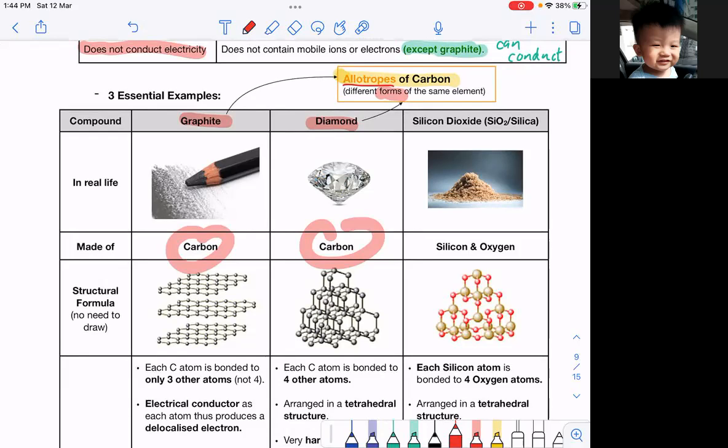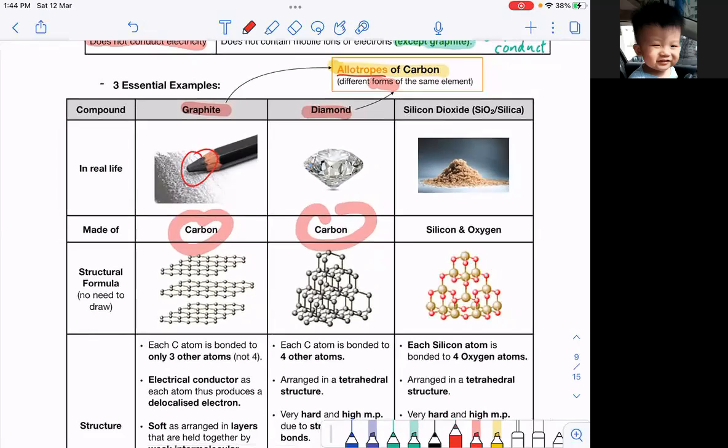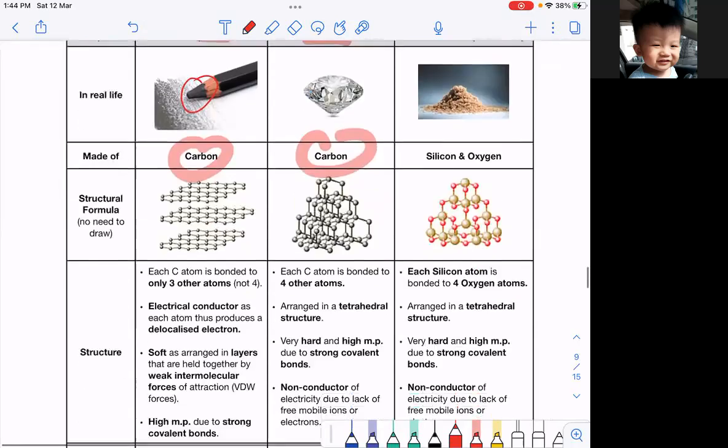This is not even 1 cent, right? For the same amount of carbon, you take charcoal, you barbecue that charcoal, that one is also carbon. But you cannot use it to propose to your wife, right? So that's the joke. My teacher always said, if your wife wants diamond, you can give her a pencil. Okay, so graphite is inside your pencil. They are all made of purely only carbon.